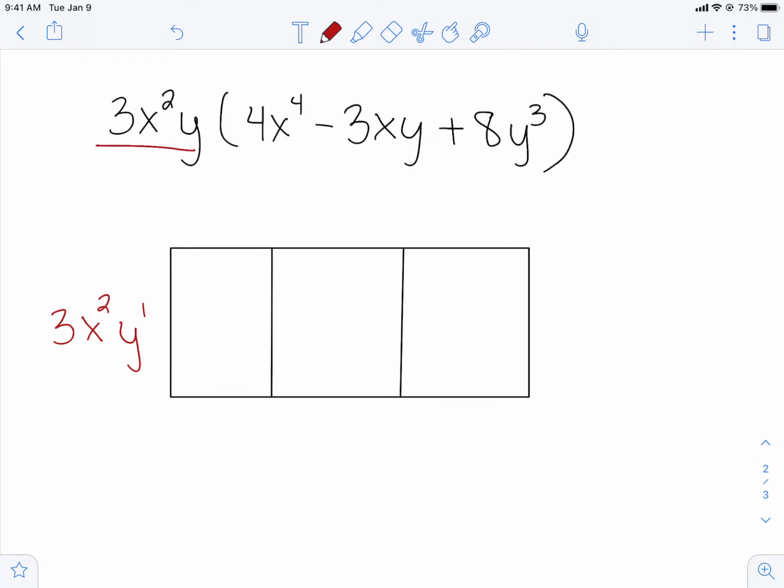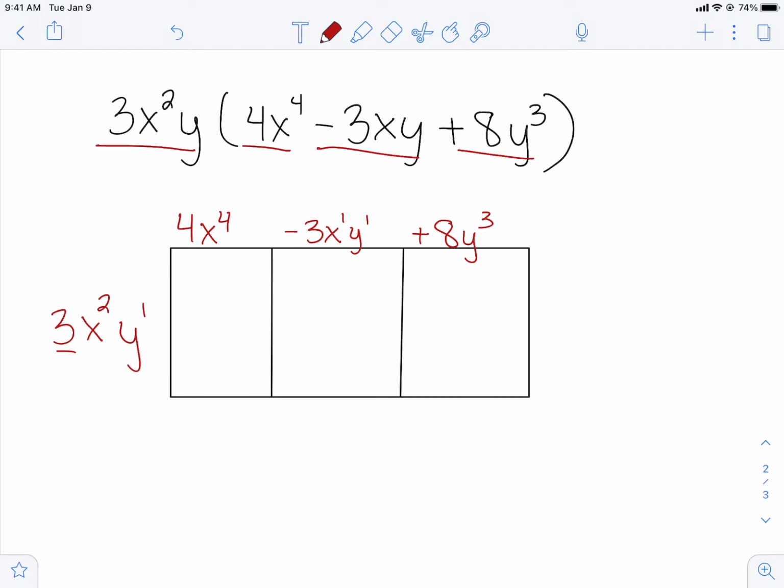And then I'm going to write my first term of the trinomial in the first box, 4x to the fourth. Then my second term, negative 3x to the first, y to the first. And my third term, 8y cubed. Okay, and it's a positive 8, so I'm going to put a plus sign there. So we're going to multiply coefficients, then the x variables, and then the y variables. Everything is going to be treated individually.